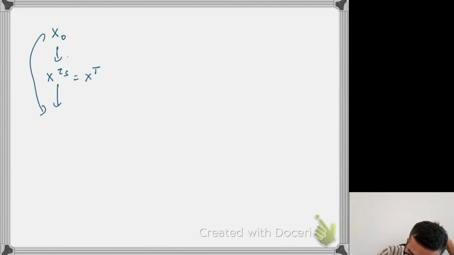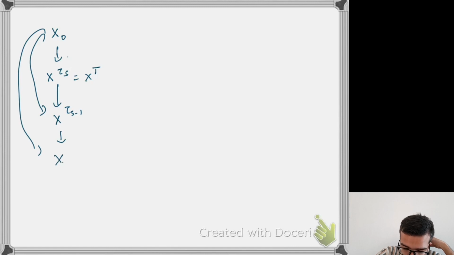We have x naught, and then conditioned on x naught, I have q of x tau s, which is x of capital T, and then conditioned on x tau s and x naught, I have x of tau s minus 1. And then conditioned on this and x naught, I have x of tau s minus 2, and so on until x of tau 0.